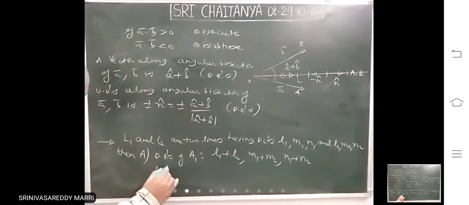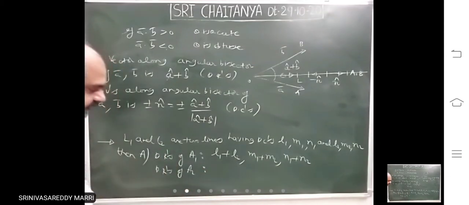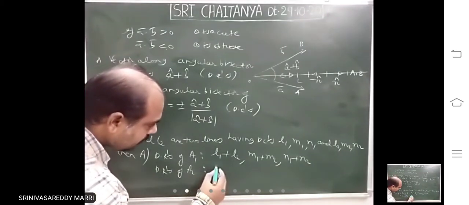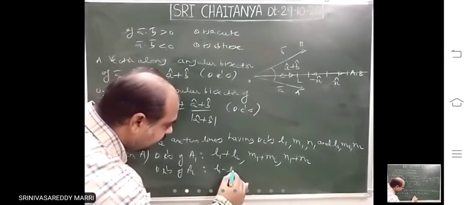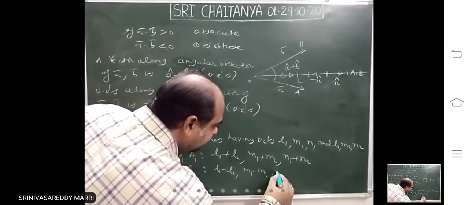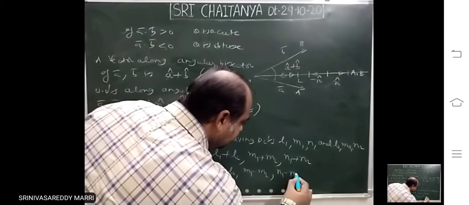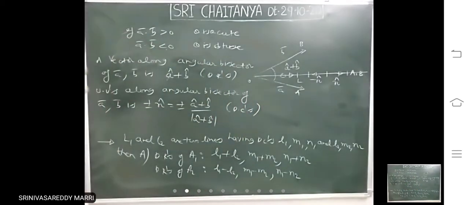This is for one angular bisector, DRs, not DCs. Next, DRs of angular bisector 2 are l1 minus l2, m1 minus m2, n1 minus n2.